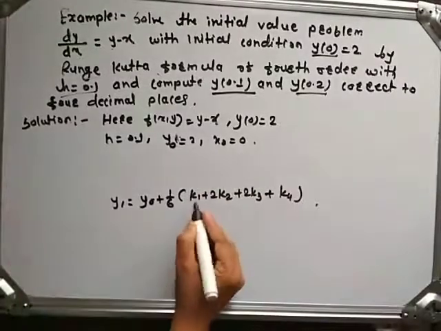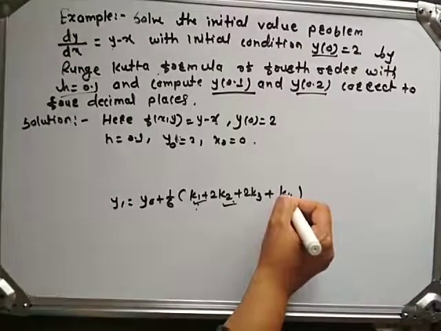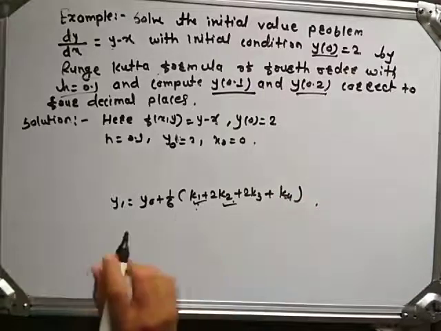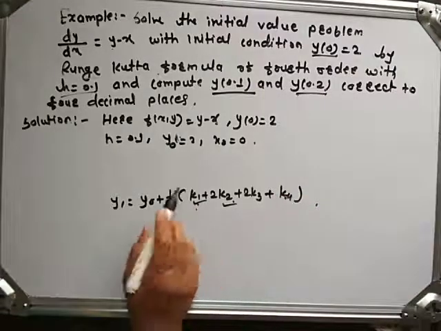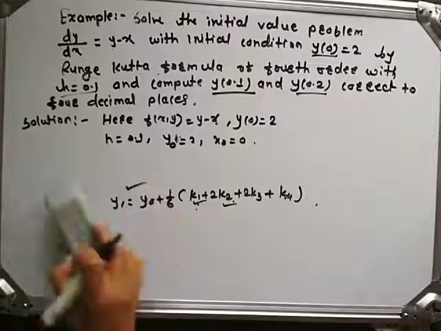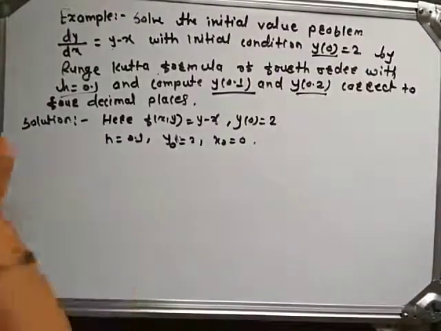We have to determine k1, k2, k3 and k4, find all and put in this formula. We will get y of 0.1.